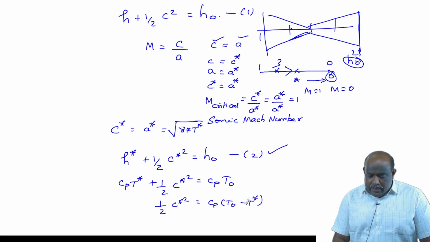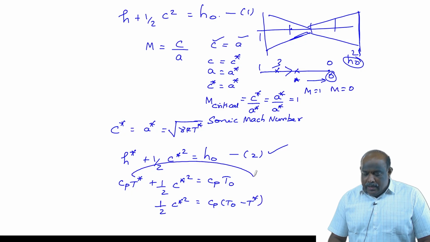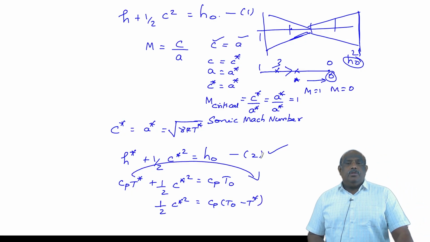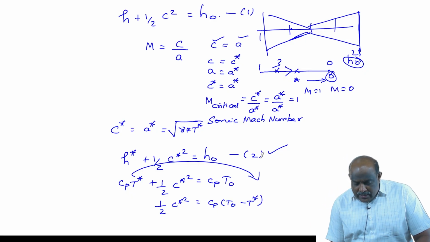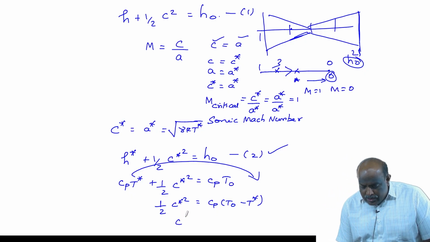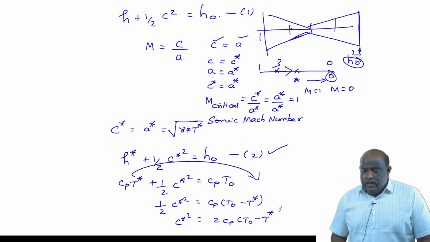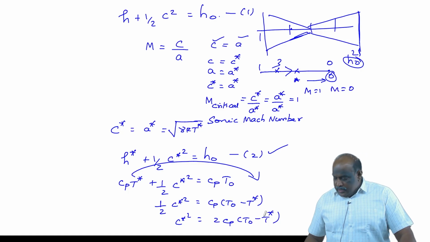How did I get this equation? I took this term over here and took Cp as a common term. So from this I want C star squared. C star squared will be equal to 2 Cp into (T naught minus T star). We will move on to the next page with this equation.